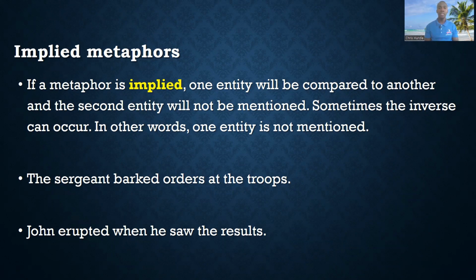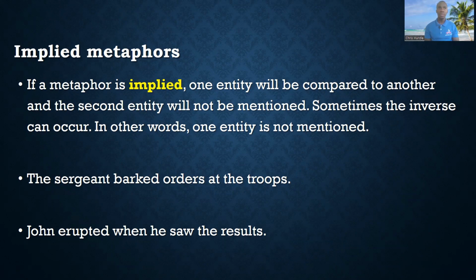John erupted when he saw the results. We look at the word erupted. What other entity do you know that erupts? Volcanoes, exactly. So this is an indirect comparison between John and a volcano.